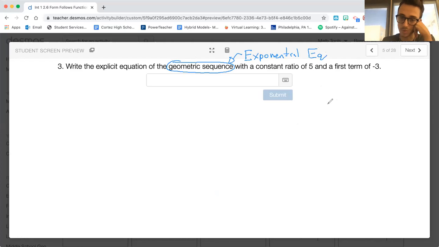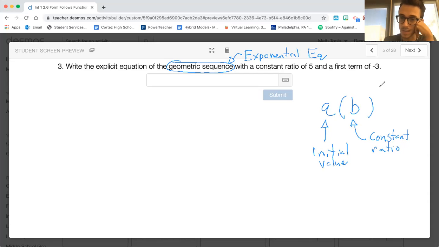So recall that when we write those out, we can say that A is our initial value. Our B term in parentheses is our constant ratio. And then usually X is up just at the top, and that's it, okay?